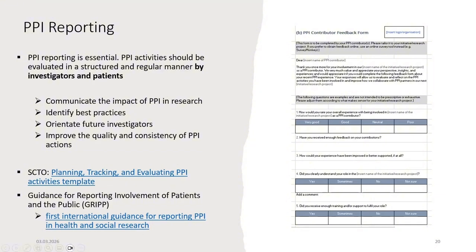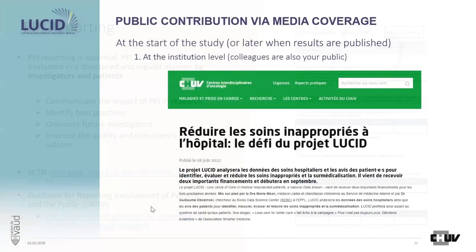You can also have a look, if you're interested, at the GRIPP article, which is about guidance for reporting involvement of patients and the public. It's maybe a bit far from what Cindy presented, but in PPI there are patients, but also public involvement. And it's not so easy to get some feedback from the public. So I just wanted to share an idea.